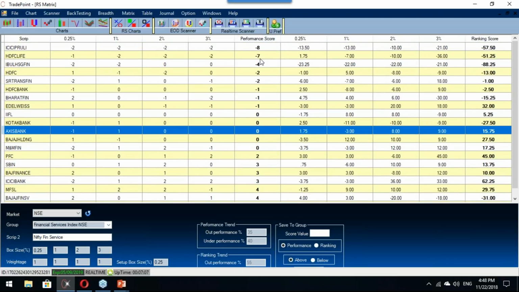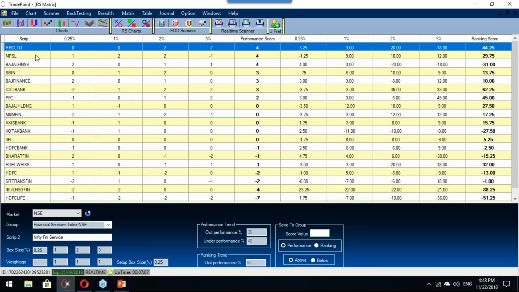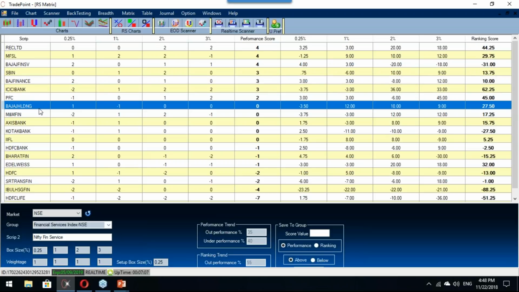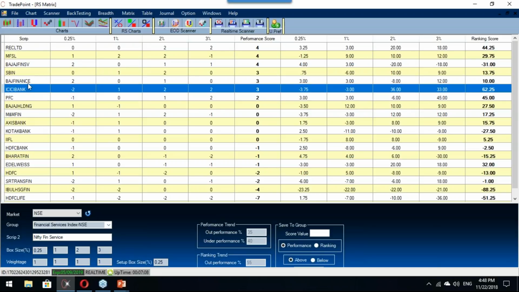Okay, it's over. So let's sort it in descending order. The top performing stock is REC Limited, Bajaj Finserv, SBI, Bajaj Finance, ICICI Bank. I think most of the stocks were in the losers list today, right? PFC was a loser. ICICI Bank, I'm not too sure. Looking at Bank Nifty, I presume ICICI Bank would also have been a loser today. And it doesn't look too promising to me, the entire list.